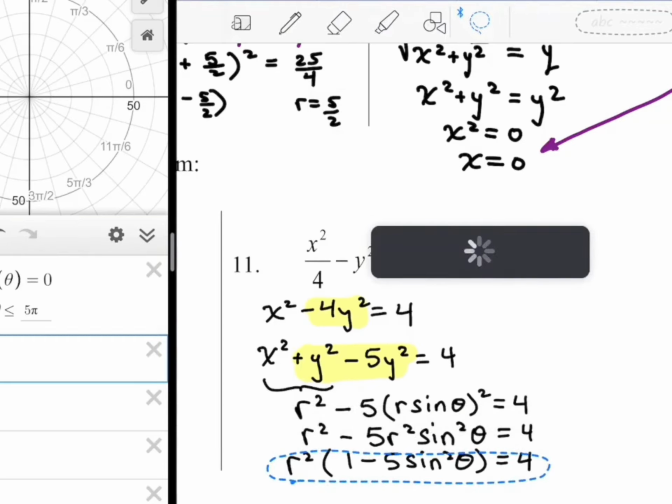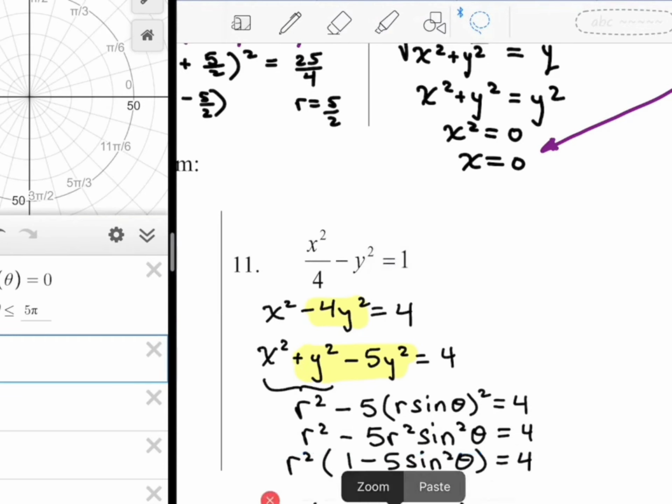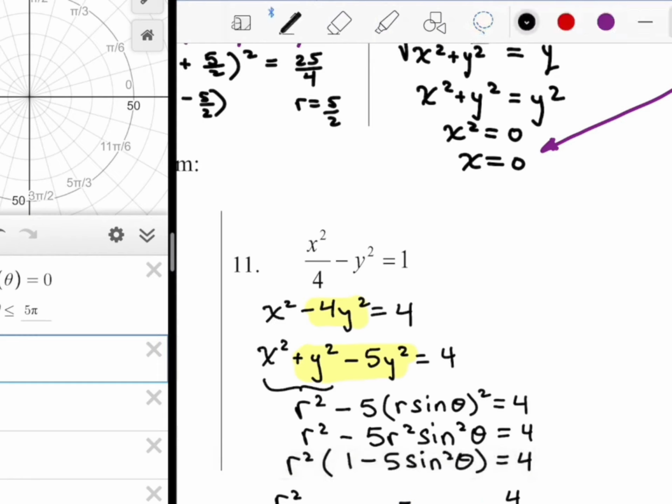So that's one way to do it. But the thing is that that method doesn't always pan out. Because you get the r squared part of it, but oftentimes the remaining part of the expression is not any better than what you started with. So we could do this. We could take the root of both sides.